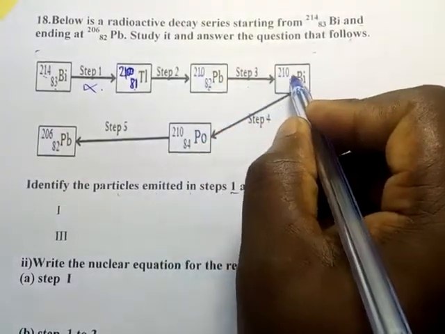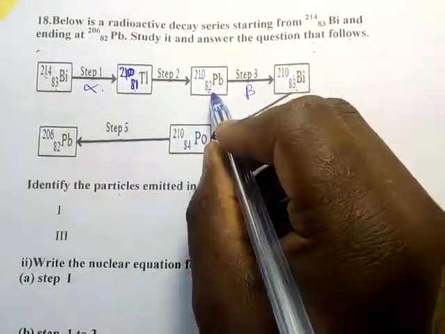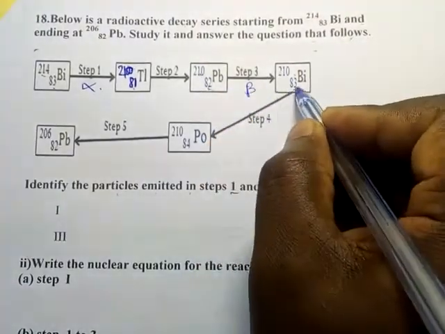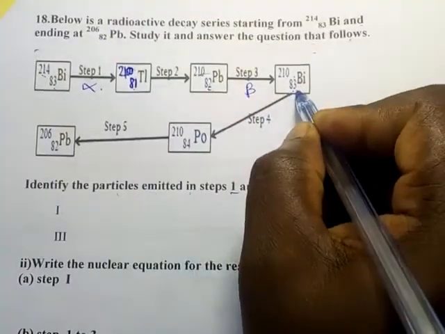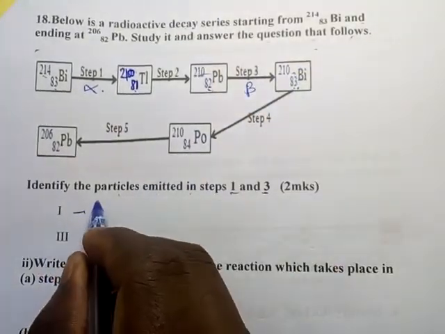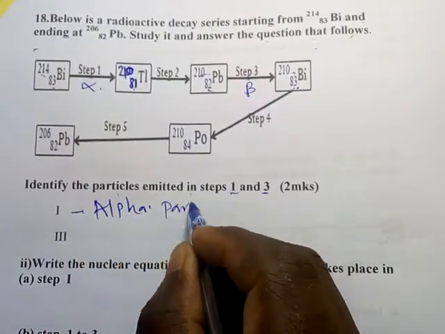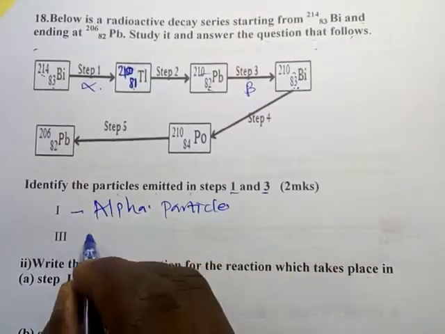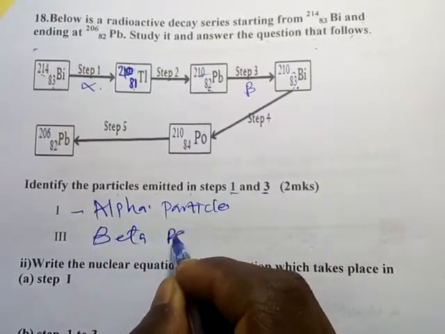Mass number remains the same. That one is beta, because for beta, the atomic number will increase by 1 and the mass number remains the same. So step 1 is an alpha particle, and this one is a beta particle.